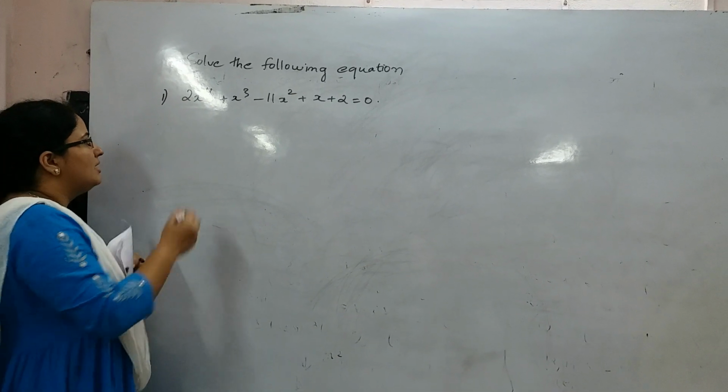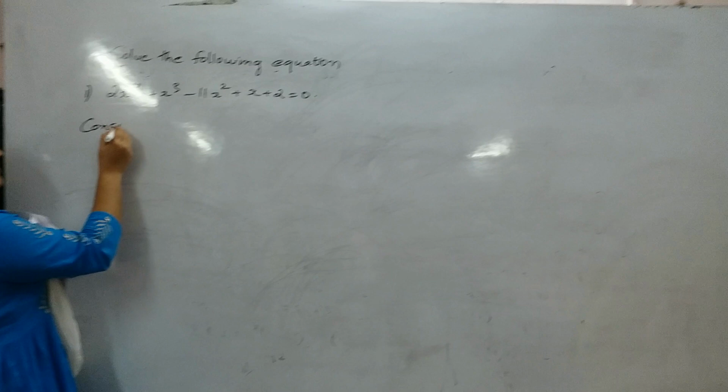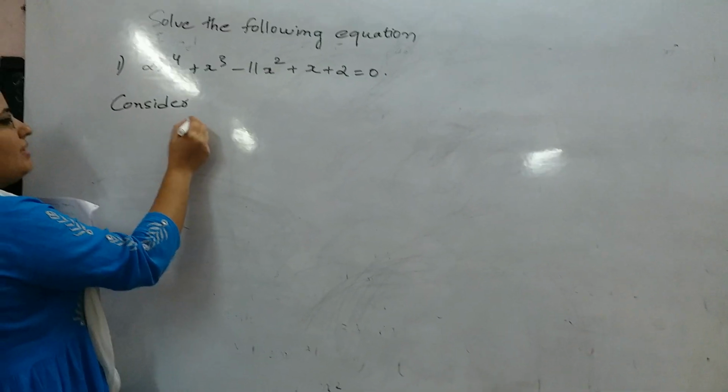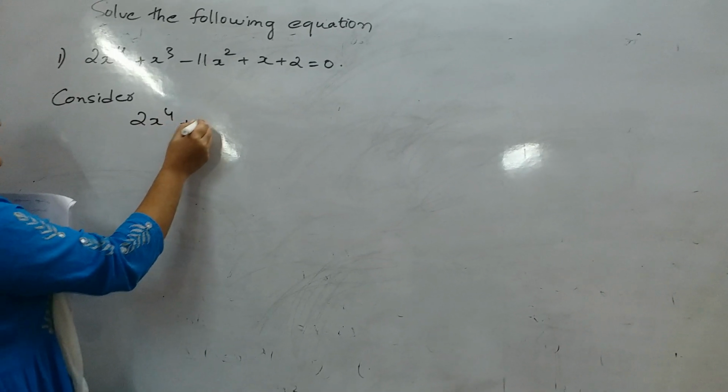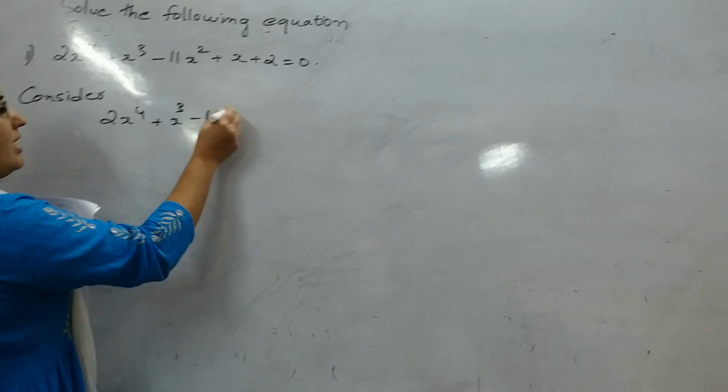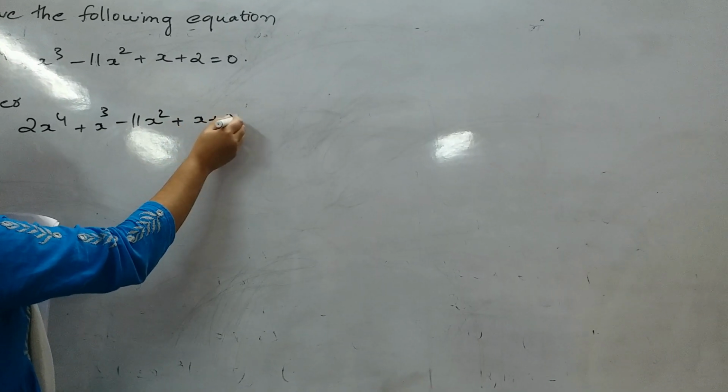What will I do is consider the given equation: 2x power 4 plus x cube minus 11x square plus x plus 2 is equal to 0.